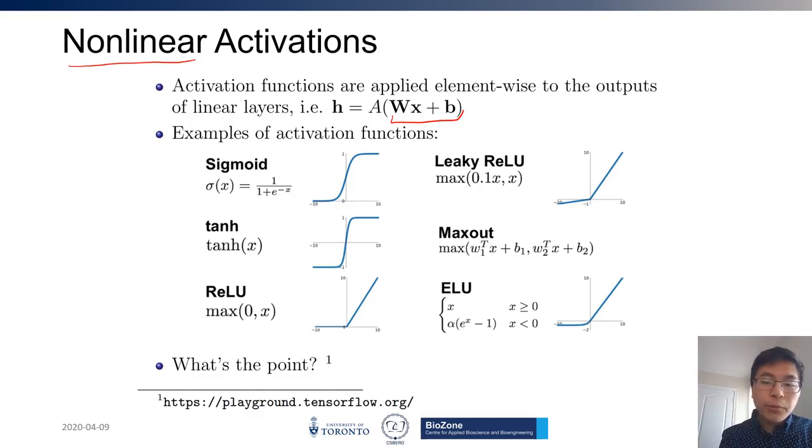And you could see the point of that in this demonstration on TensorFlow, where you try to classify a nonlinear data set with a nonlinear decision boundary. In that example, you had the classification of blue dots and orange dots.